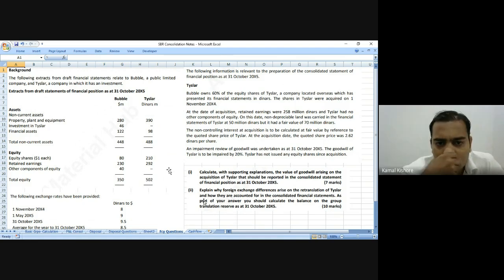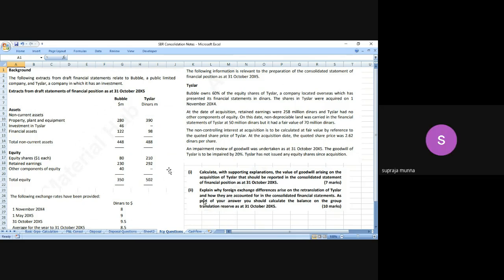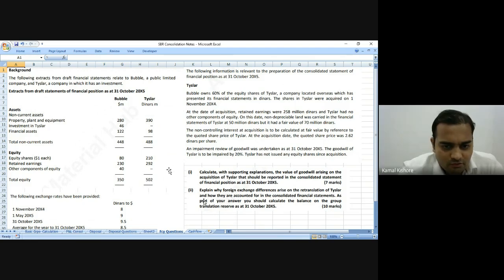First, we'll arrive at the fair value of the consideration. How much is the fair value of consideration? Yes, how much is fair value of consideration?